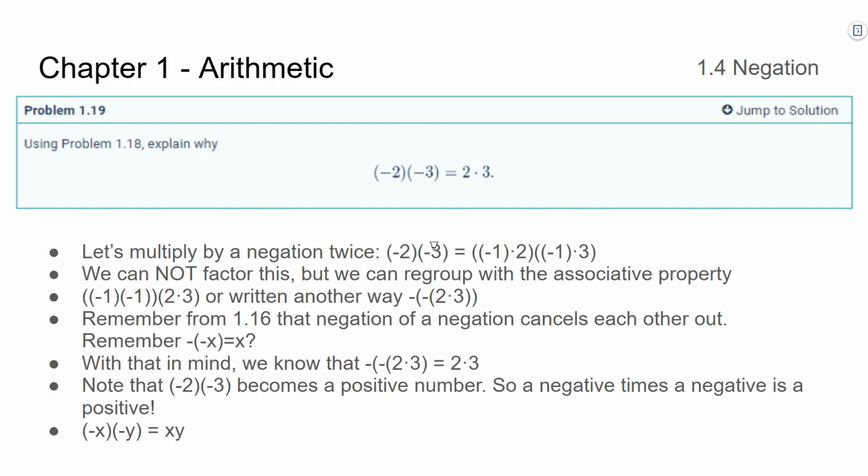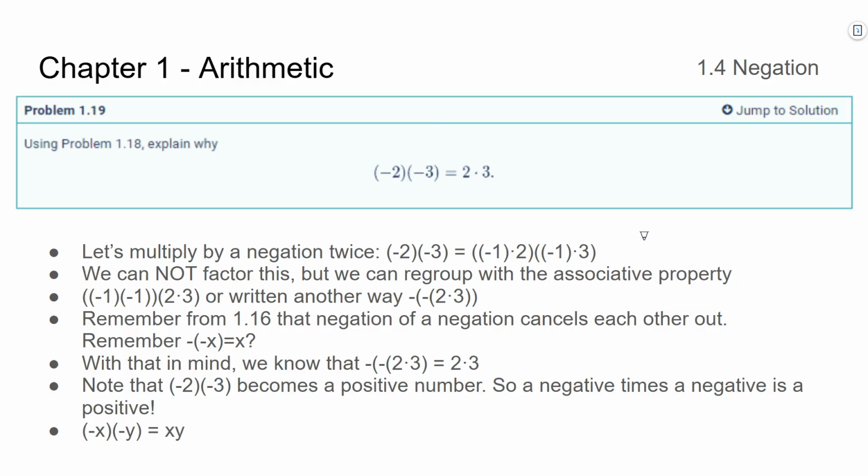All right, let's give this a shot. So let's do the same thing we did before. We'll pull out the -1. So we'll say that -2 is the same thing as -1 times 2, and -3 is the same thing as -1 times 3. So we cannot factor this, but we can regroup. And the reason why we can't factor this out is because we're not adding anything.